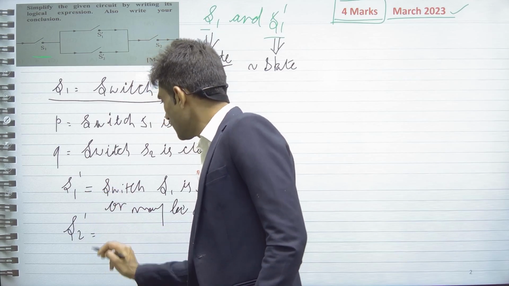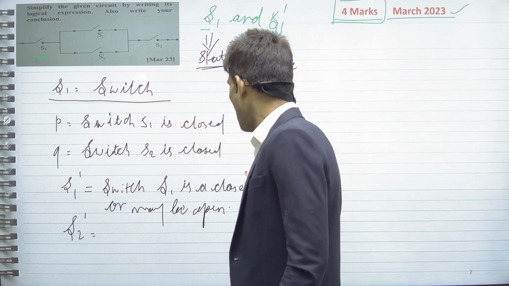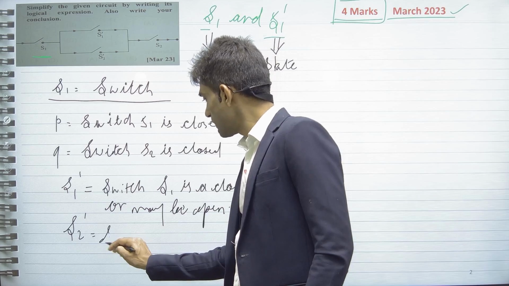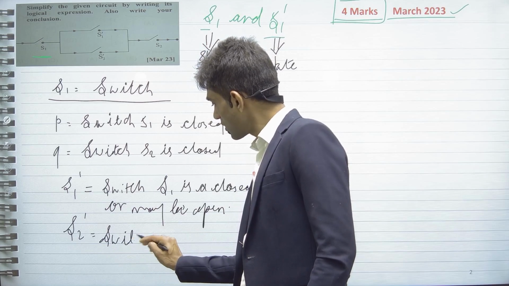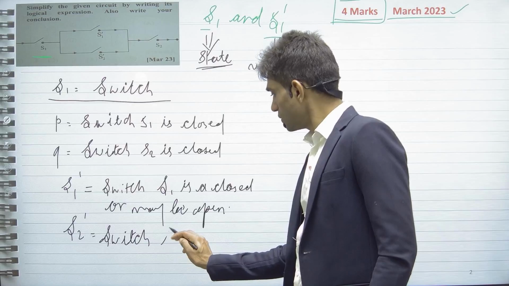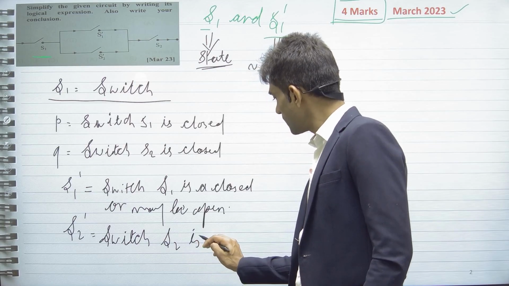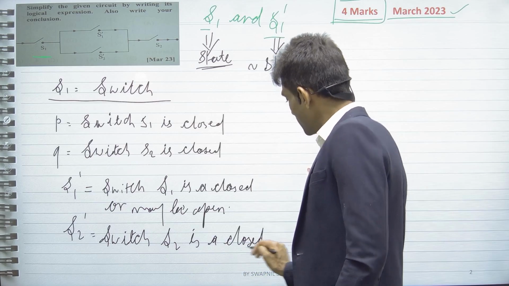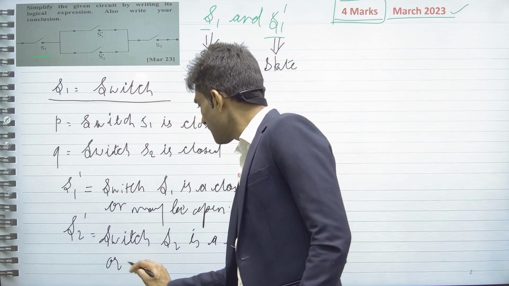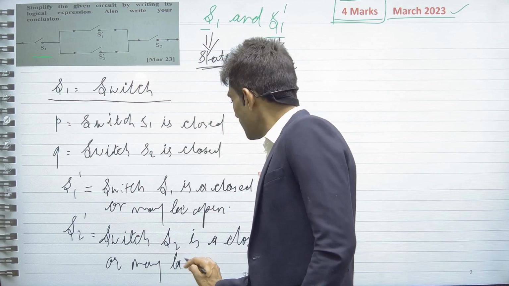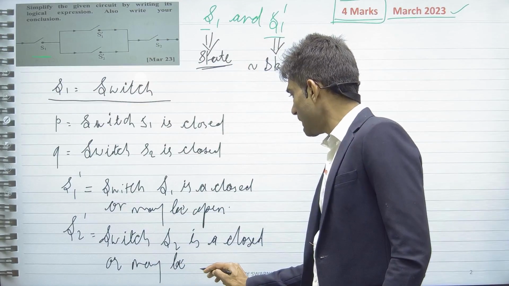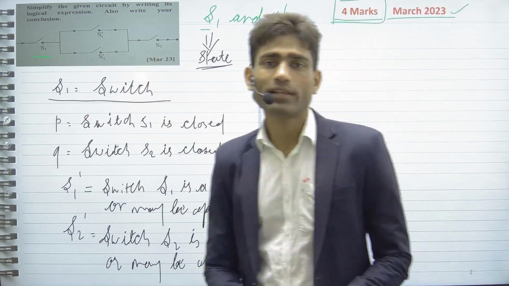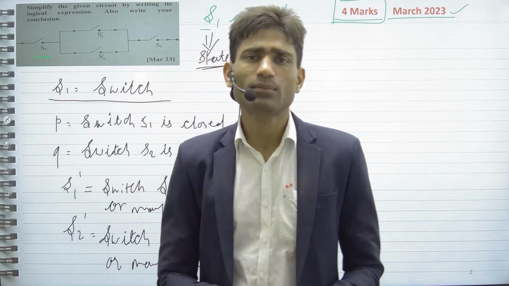S2 dash is written as: switch S2 is closed or maybe it is open. We cannot confirm the condition for the negation, so we have to consider both of the cases together.